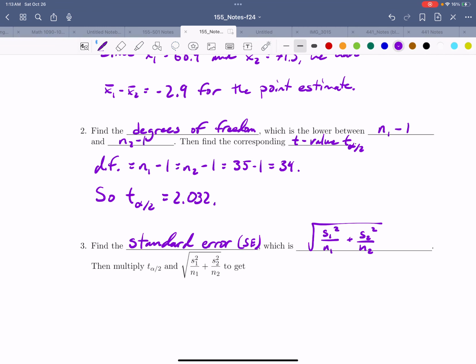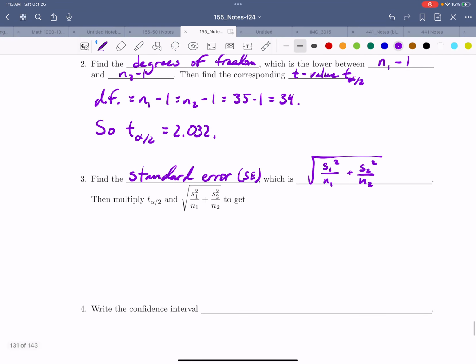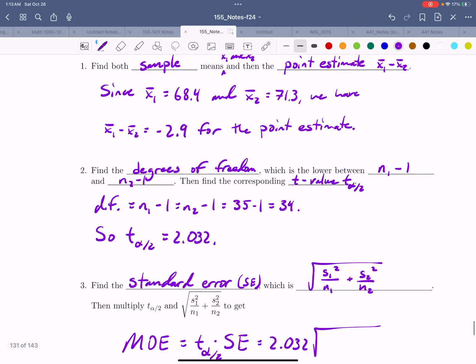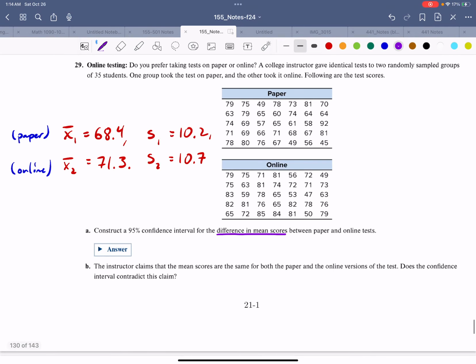It's right there. Okay. So then what we're going to get is the margin of error, which is t alpha over 2 times the standard error, which equals 2.032 times the square root of, now remember, this was data that I gave you, right?